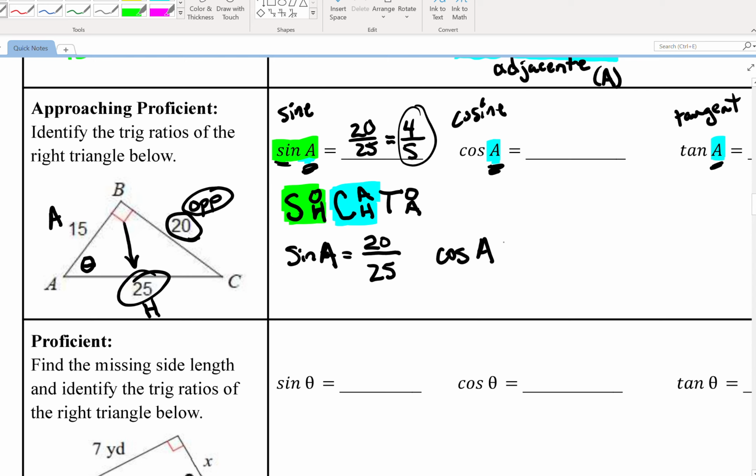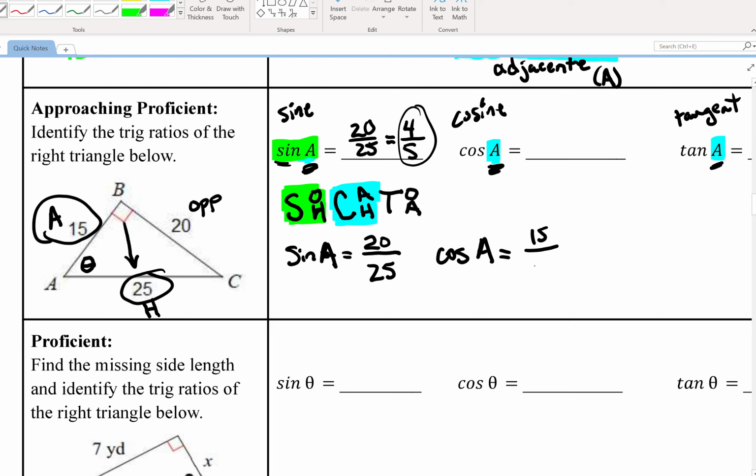I only labeled these with letters, and A is confused with angle A, so we'll just put ADJ: the adjacent over the hypotenuse. Well, the adjacent is this one, the 15. So I'm going to replace the adjacent here with 15. And the hypotenuse, again, is still 25.